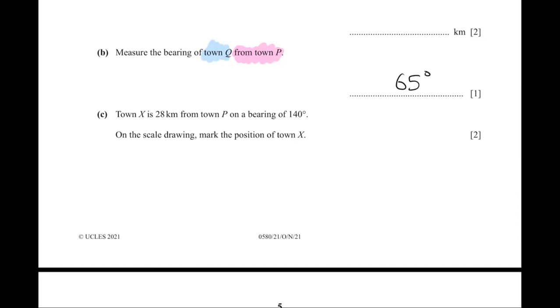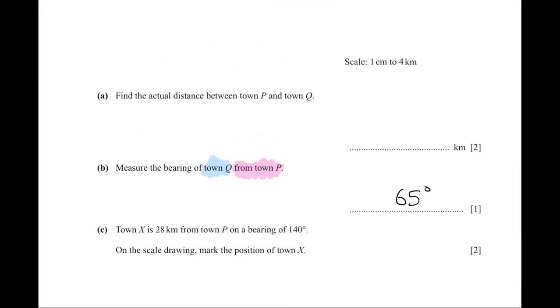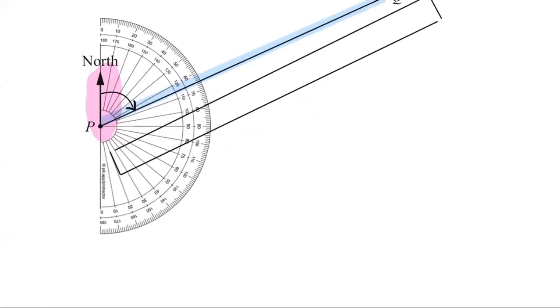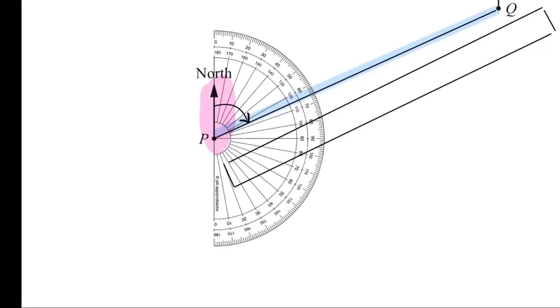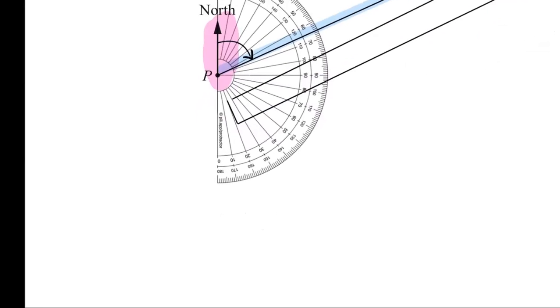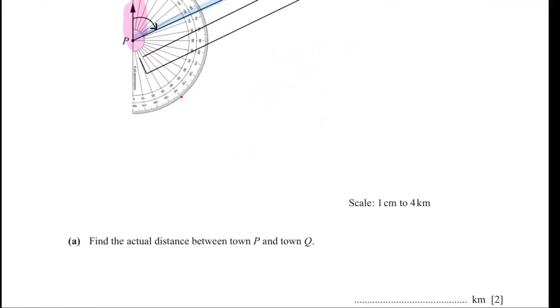Town X is 28 kilometers from town P on a bearing of 140. On a scale drawing, mark the position of town X. From town P, go 140. You should have a line here.